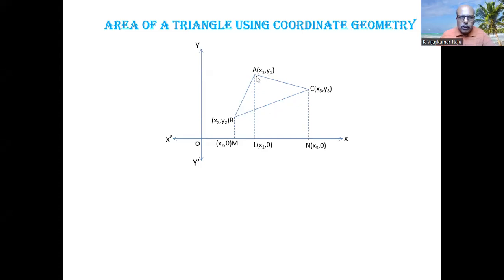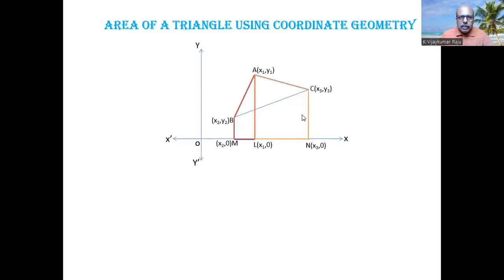So if you see, when I draw perpendiculars from A, B and C, I get a figure like this, which is a trapezium. And this is also a trapezium. If you want to find the area of this triangle, you have to find the area of this trapezium, and subtract the area of this trapezium, you'll get the area of this triangle.